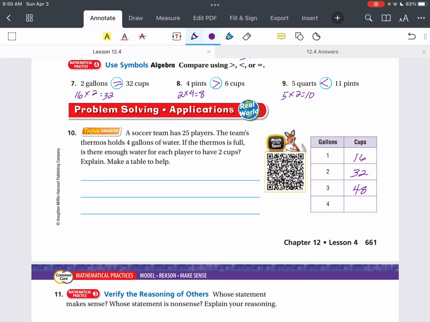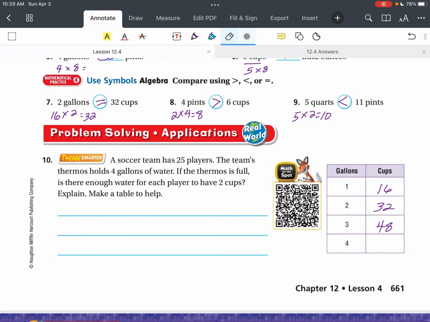So 3 gallons would be 48 cups. And then add 16 more to 48. So you could come up here and do 48 plus 16. 8 plus 6 would be 14. Regroup the 1. And 4 plus 1 is 5. Plus the 1 you regrouped would be 6. So 4 gallons would be 64 cups.